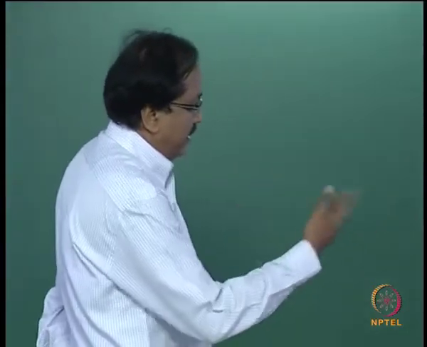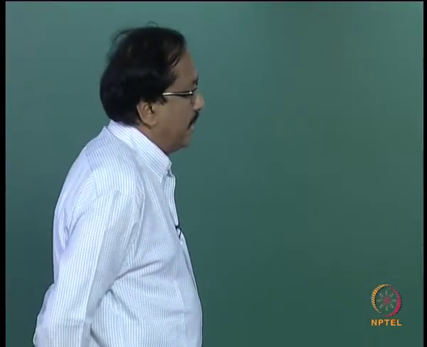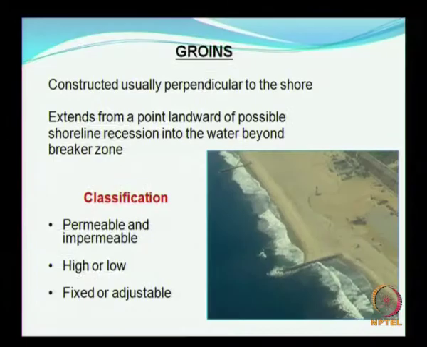Here again, loss of sediment due to wave energy reflection means you will also have some amount of sand being lost. So this is very important: when you have a seawall, the terminal effects have to be very carefully handled. There should be some kind of streamlining effect, which we will see later.